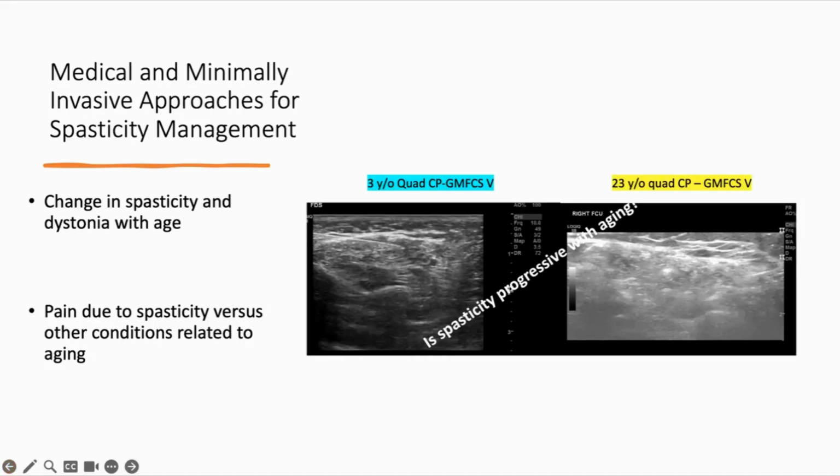Pain is one of the main reasons that we see adults with CP, or we treat their spasticity. However, it is important to rule out other causes contributing to their pain. Some are conditions related to aging, for example, arthritis and spinal stenosis, which are common in adults with CP. Next slide.